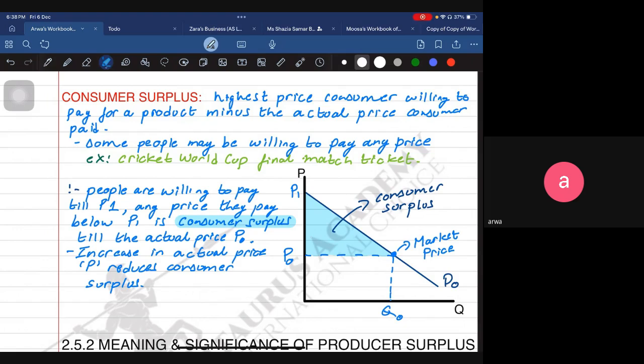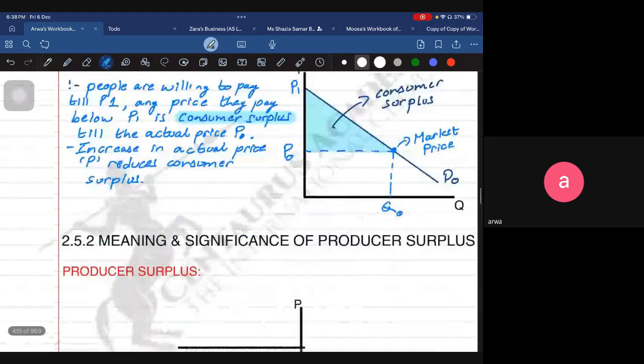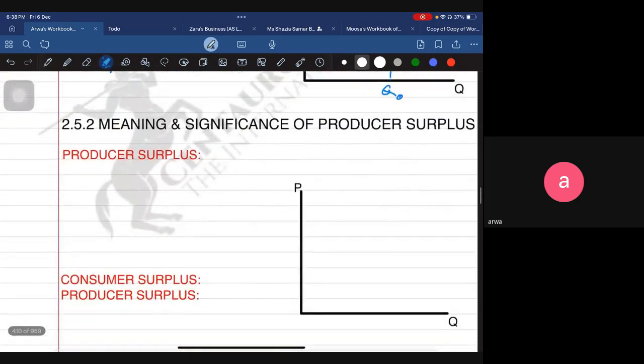Always keep one thing in mind, that is the perfection of your graphs. Your graphs should always be very neat and tidy, and all the things must be labeled.